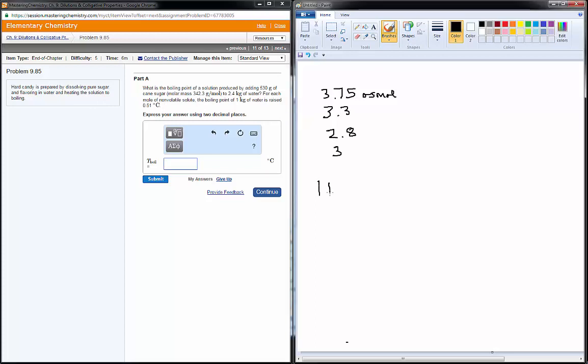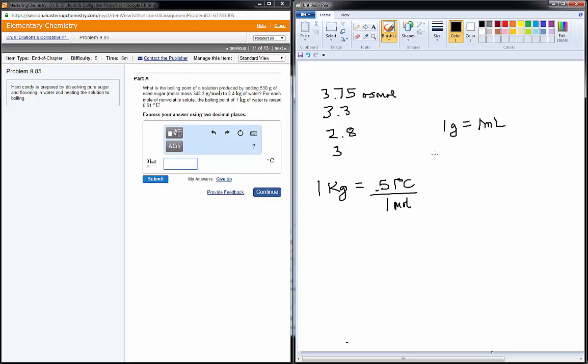We see that 1 kilogram of water will go up by 0.51 degrees Celsius for every 1 mole of solute. All right, so one thing to look at here, kilogram of water. That's an interesting way to look at it. But water is 1 gram per milliliter.